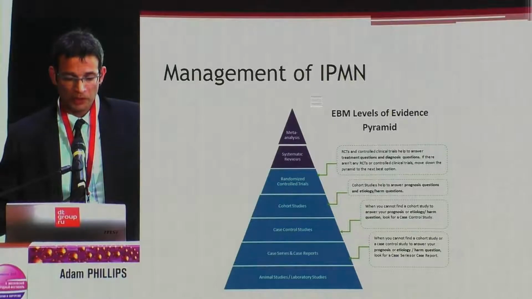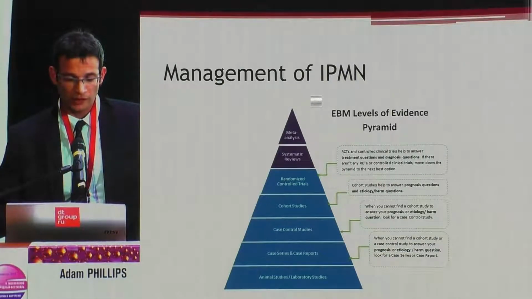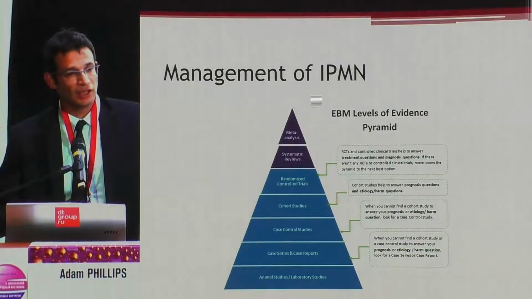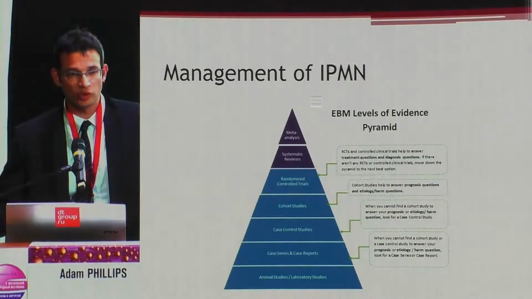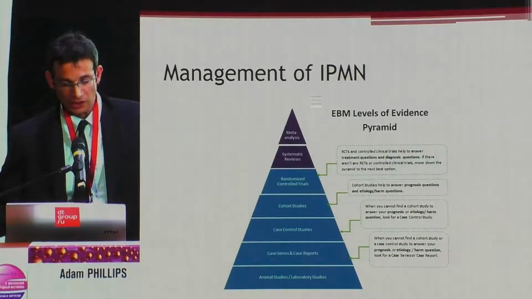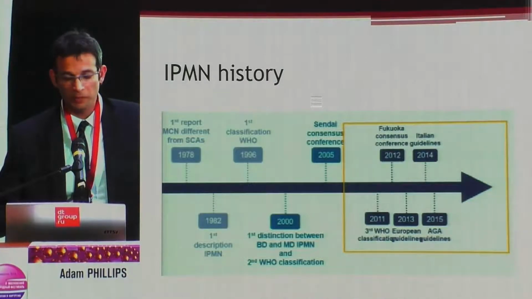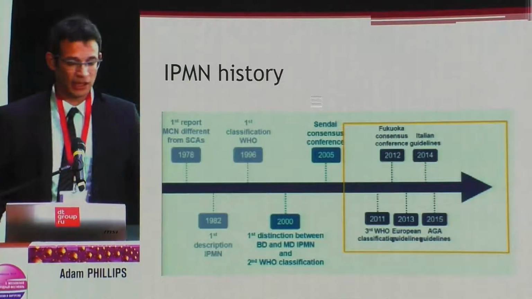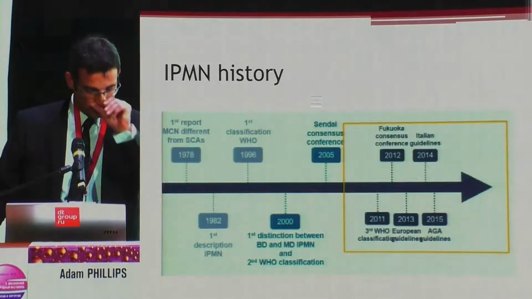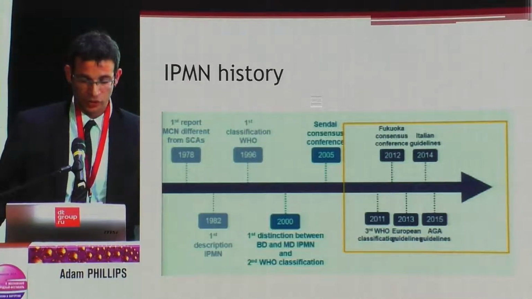Let's talk about management of IPMN. We are doctors, all of us, and we are using the evidence-based medicine level to suggest what we are doing with our problems. When you're looking at the history of IPMN, it was first described, as I said, in 1982. And later on, there are three kinds of classification of the Hugh system.